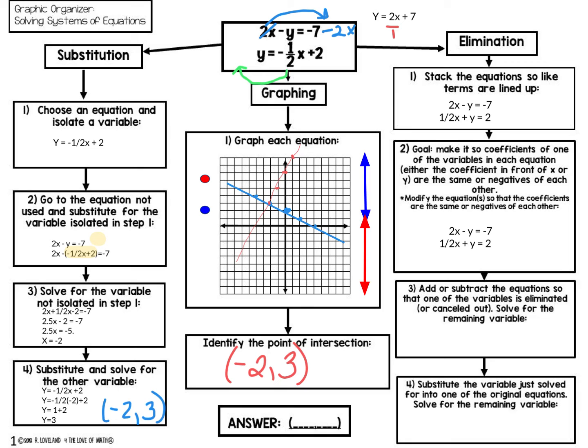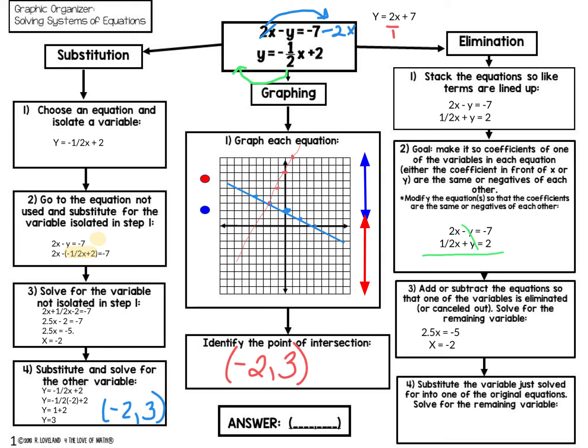So step 3 says to eliminate or cancel one of the variables. I'm going to start step 3 up here. Like I said, my y's cancel out. Now I'm going to combine 2 plus 1/2. Remember we said before, 2 plus 1/2 would be 2.5 x, and -7 combined with +2 gives me -5.